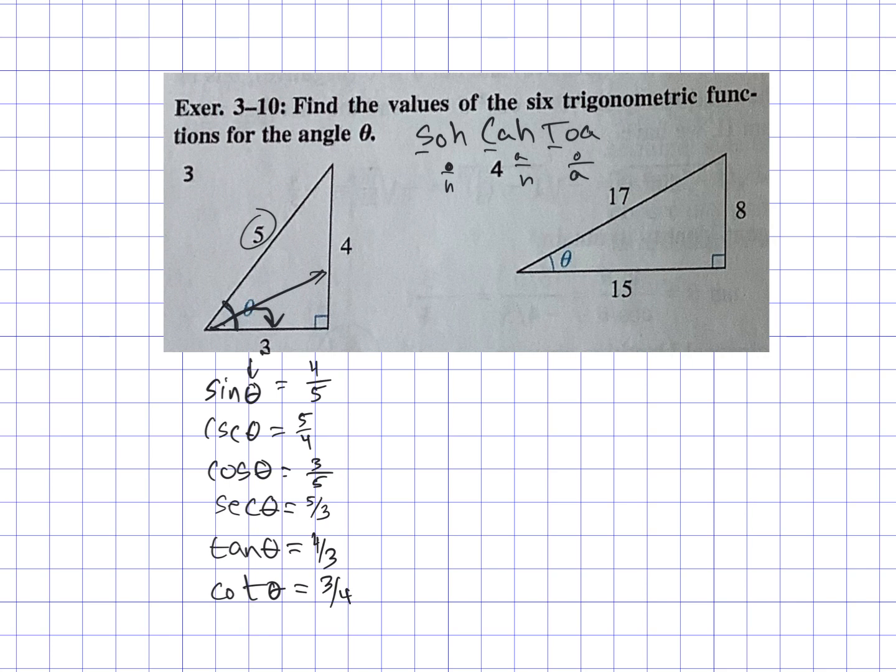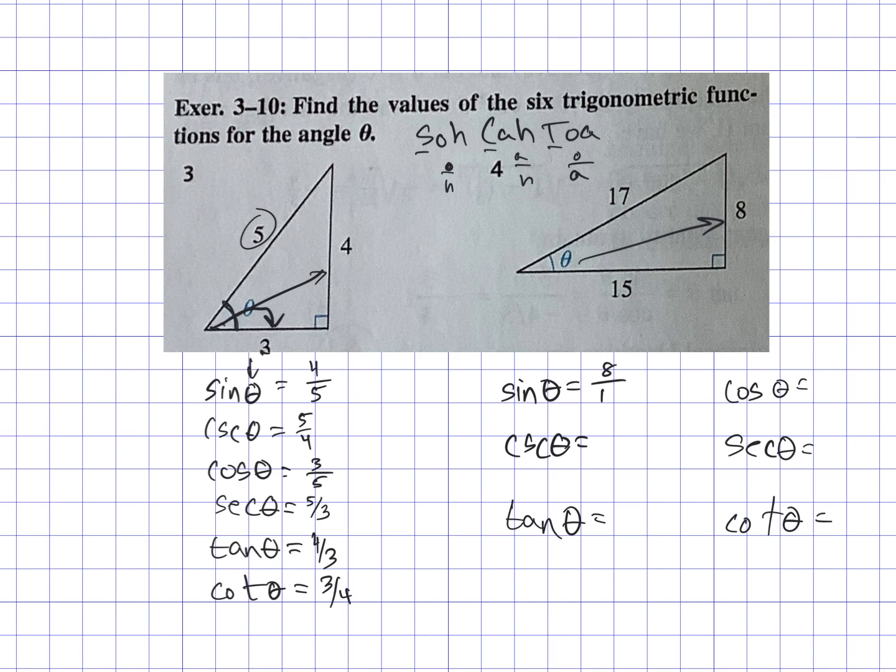All right, so again, let's go to number 4. You try it and see if you can get them right. Sine of theta and cosecant. I'm going to get a little more room here. Cosine and secant, and the tangent and the cotangent. All right, sine of theta is opposite 8 over hypotenuse.